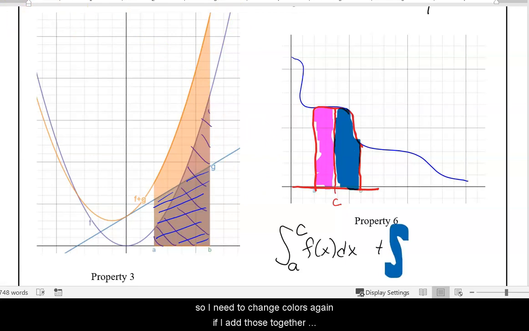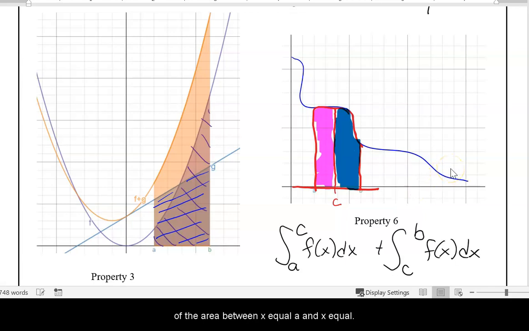Oops, I need to change colors again. If I add those together, I'll get the entire area under the function between x equal a and x equal b. In other words, provided the upper limit of this one matches the lower limit of that one, I'm not missing any of the area between x equal a and x equal b. You can do this finitely many times and you will still get precisely the same area.